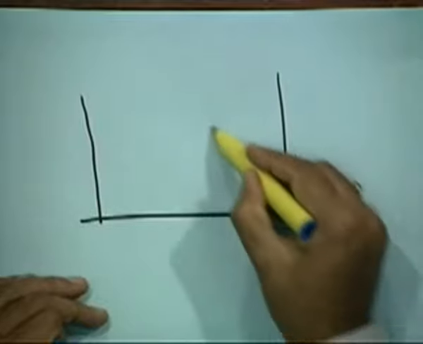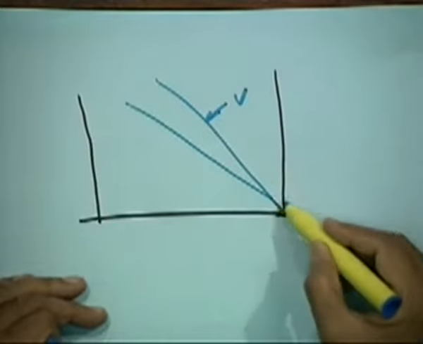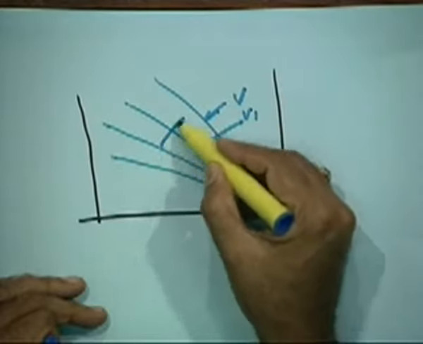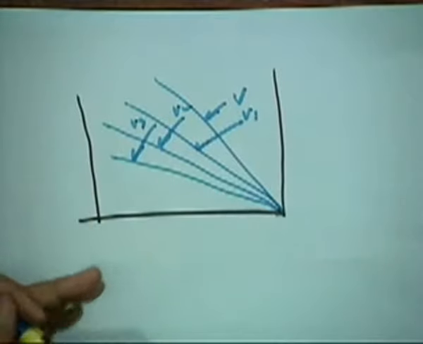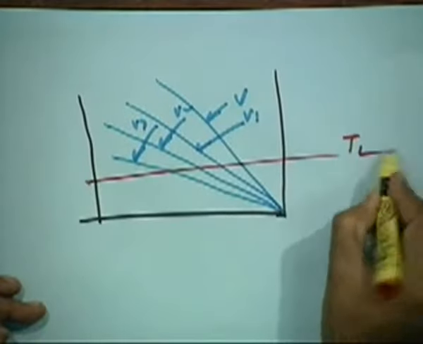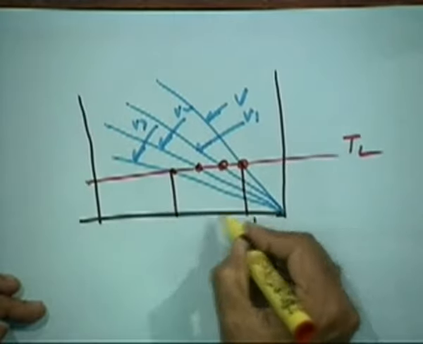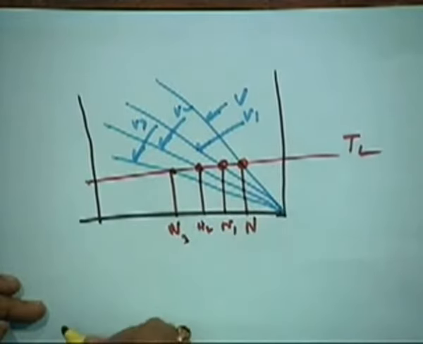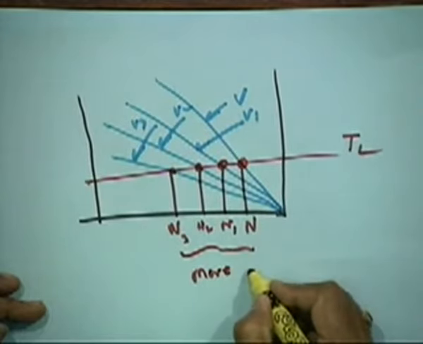Supposing your rotor resistance itself is high, this will be the nominal characteristic V, then you will have several curves like this, V1, V2, V3, right. And perhaps here if you have a load like this, then you will find the speeds will be larger. Let us say this is N, N1, N2, N3. So the speed range is more.